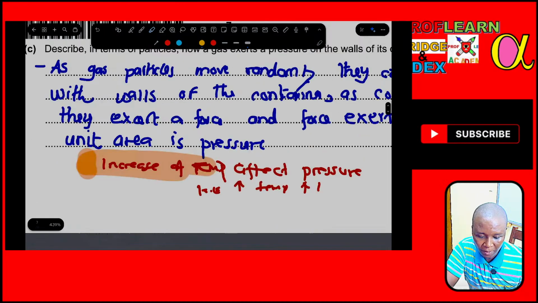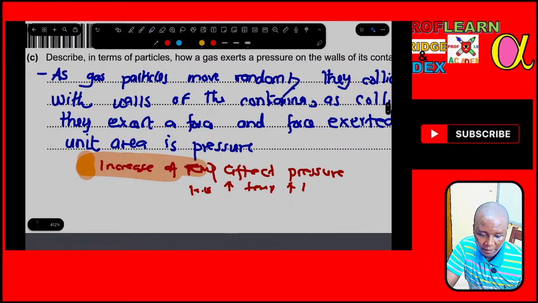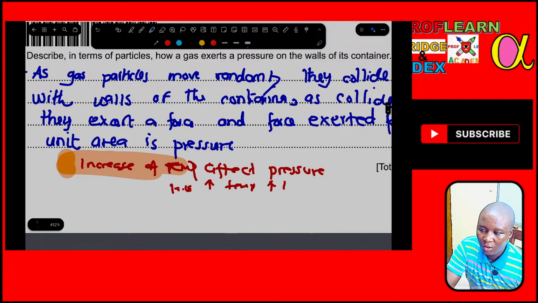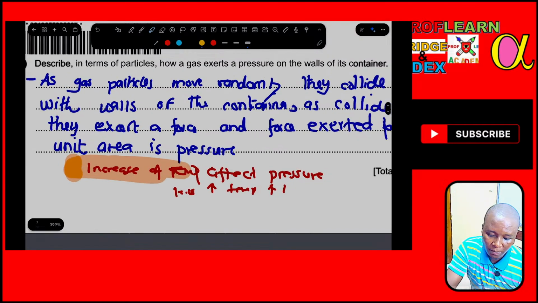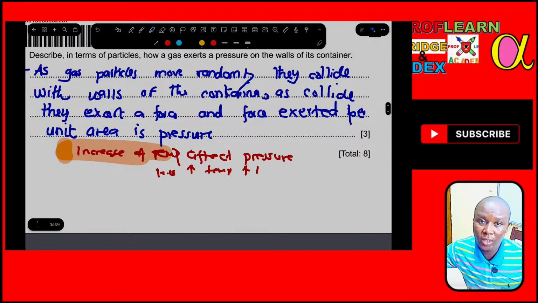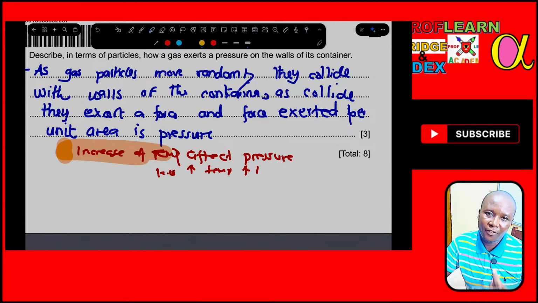Describe in terms of particles how a gas exerts pressure on the walls of the container. In this question, what you need to remember is that the particles, or molecules, of the gas move randomly. As they move around, they collide with the walls of the container, exerting a force.